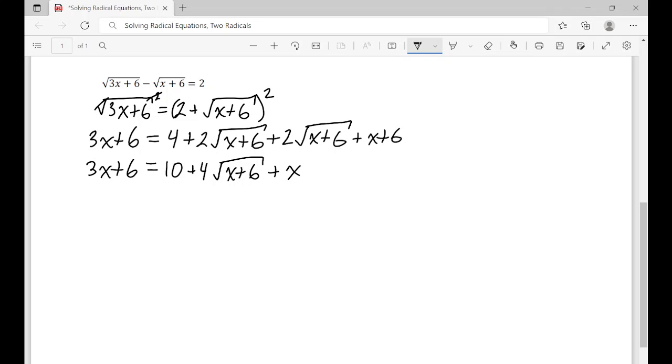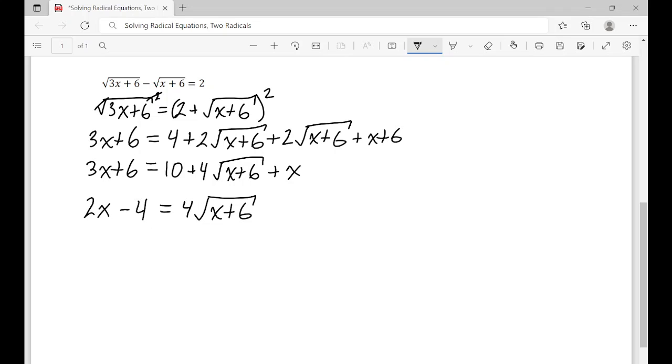Now again, I'm going to isolate my square root, so I'm going to move the x and the 10 over. If I subtract the x over, I'm going to get 2x. When I subtract the 10 over, I'm going to get minus 4 equals 4 root x plus 6. Now more or less this is isolated. I can divide the 4 over, but I don't want to deal with fractions, so I'm just going to leave it as is.